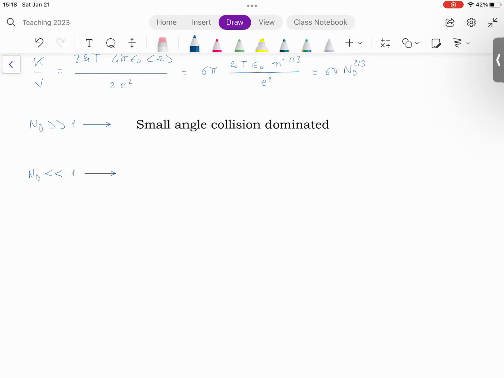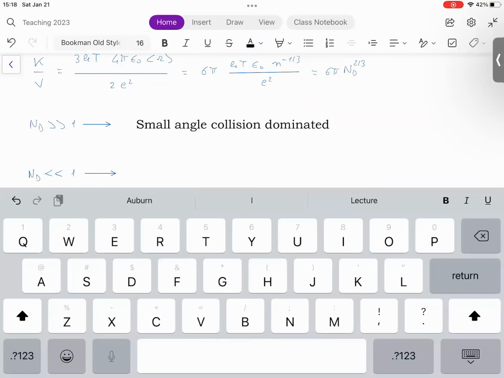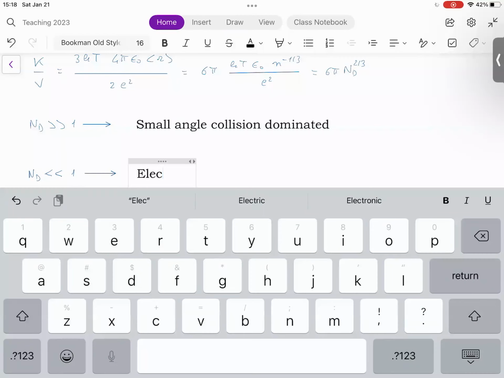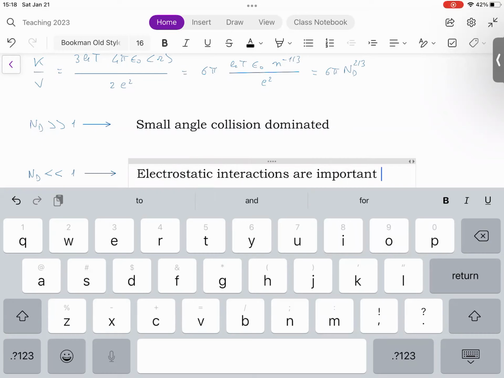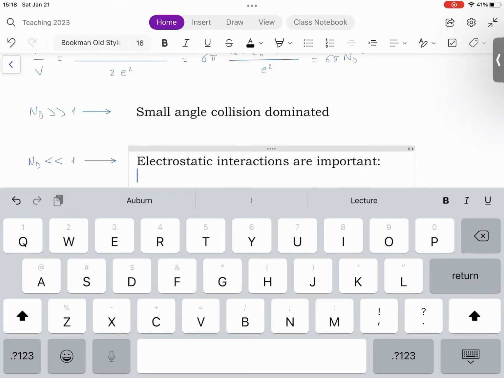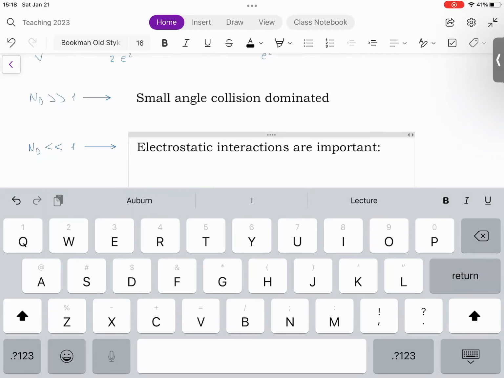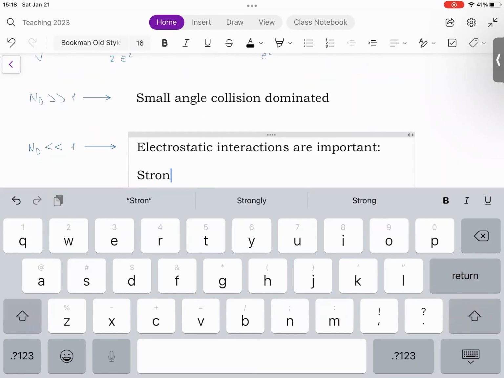Then if that is the case, I'm going to find that electrostatic interactions are important. And I'm going to call this a strongly coupled plasma.